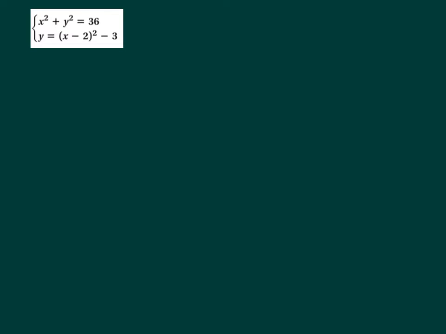To graph this in the calculator, this equation's already good to go. Don't need to change it. This one you need to solve for y. So we get y squared is 36 minus x squared. Take the square root of both sides, you get y is plus or minus the square root of 36 minus x squared.